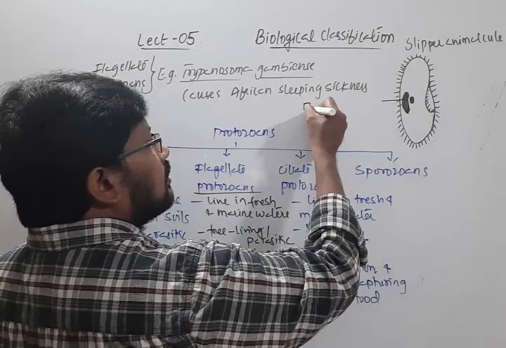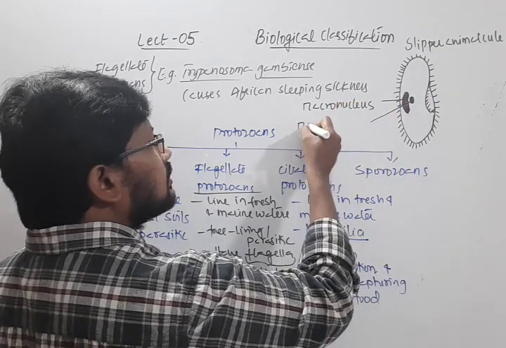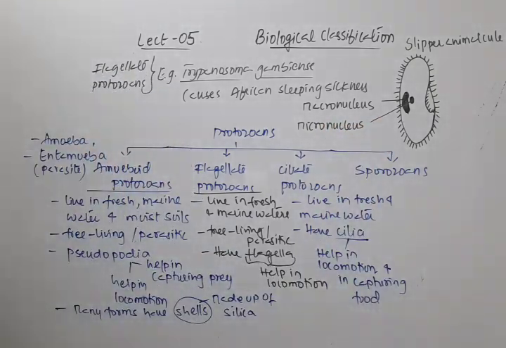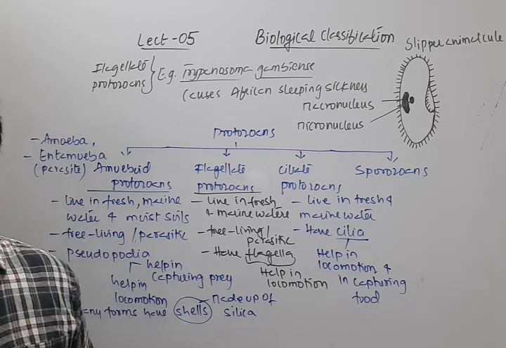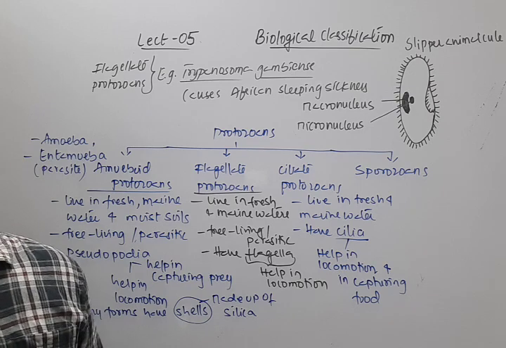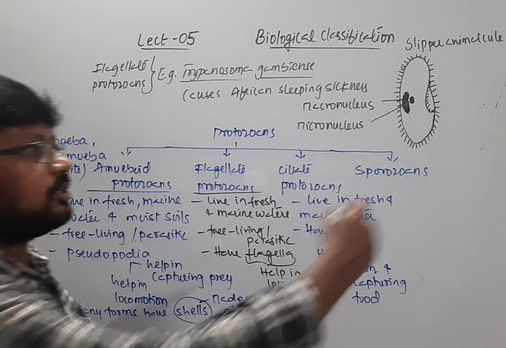So this is called macronucleus, and this is the micronucleus. The macronucleus takes care of all vegetative functions of the body, whereas the micronucleus will help in the process of reproduction. And here they have a gullet. They have a cell mouth, actually it's called cytostome, and that opens into a structure called gullet.